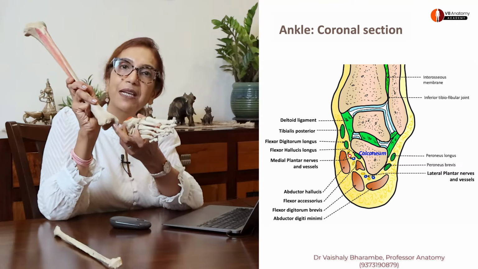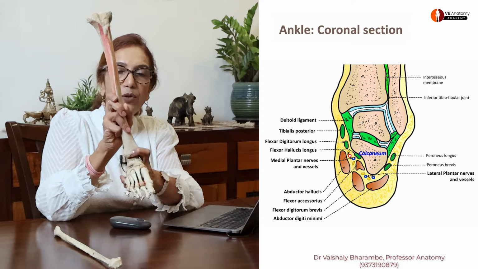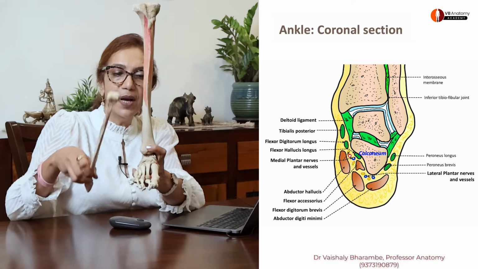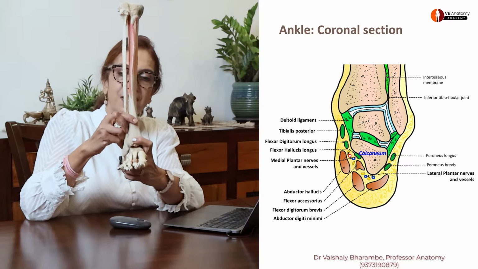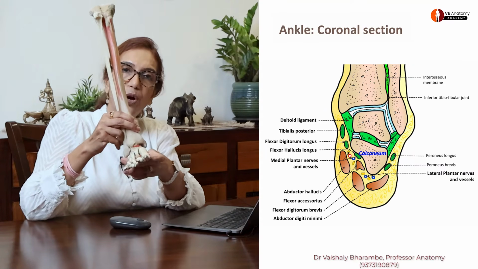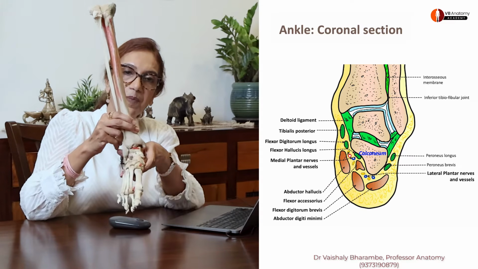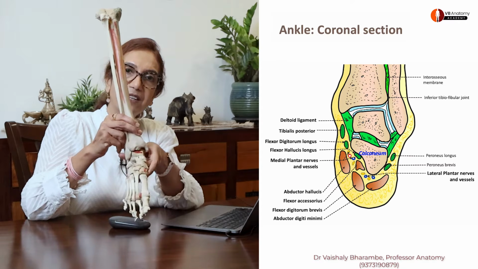I'm going to make the medial malleolus articulate here. Okay. And I'm going to make the fibula come and articulate here. And do you now see formation of an ankle joint here? This is how you walk. Dorsiflexion, plantar flexion, dorsiflexion, plantar flexion.